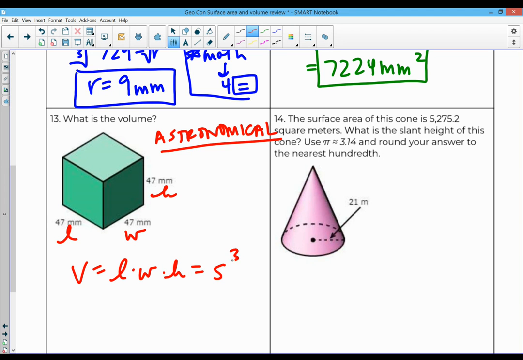So it's the same as a side cubed. So I can just do 47 cubed. And that gives me 103,823 cubic millimeters.